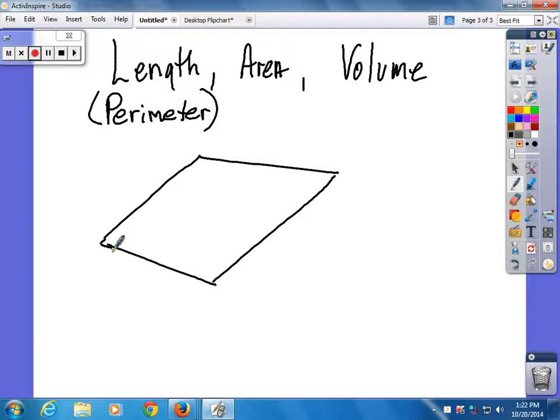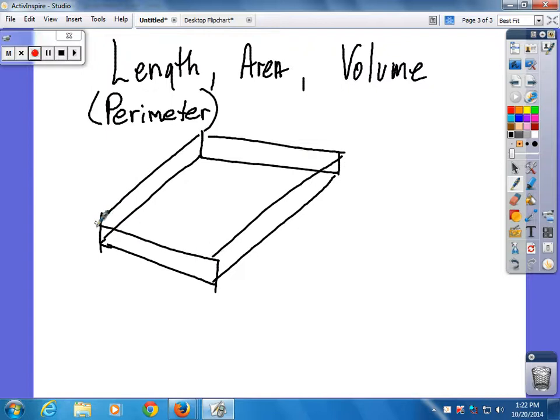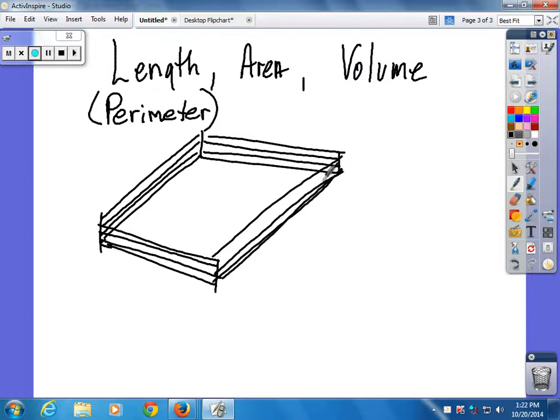So, if I wanted to put up a fence, which one would that be? Would that be perimeter? Or would it be area? Or would it be volume? Which one would that be? It would be perimeter, because what does the fence do? It goes around the property.